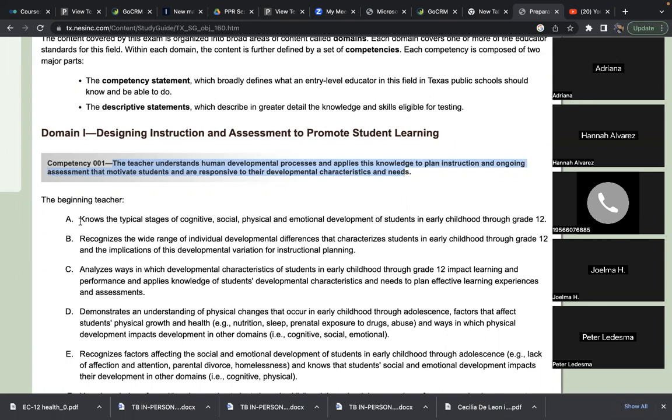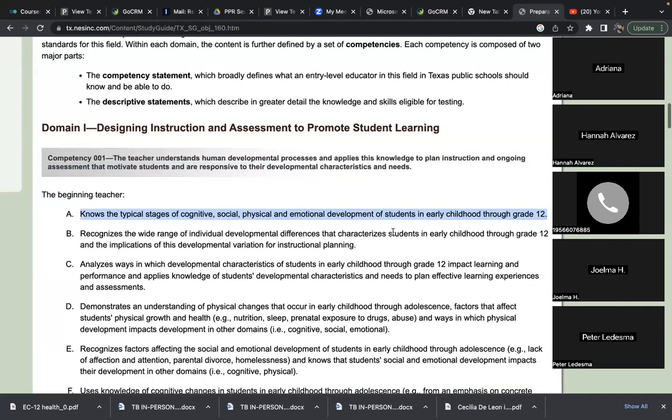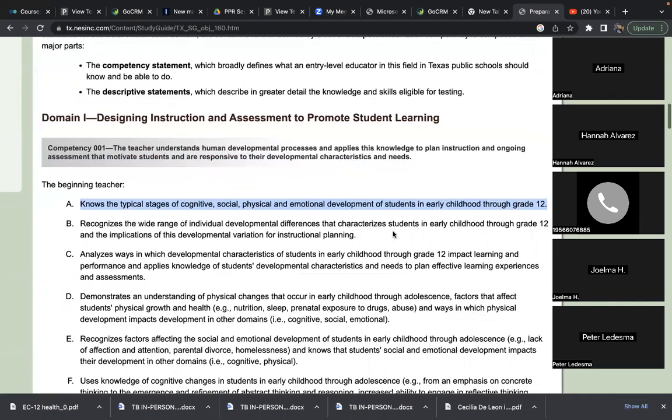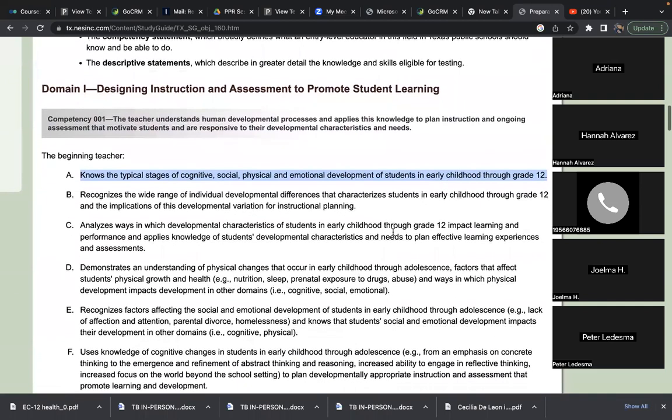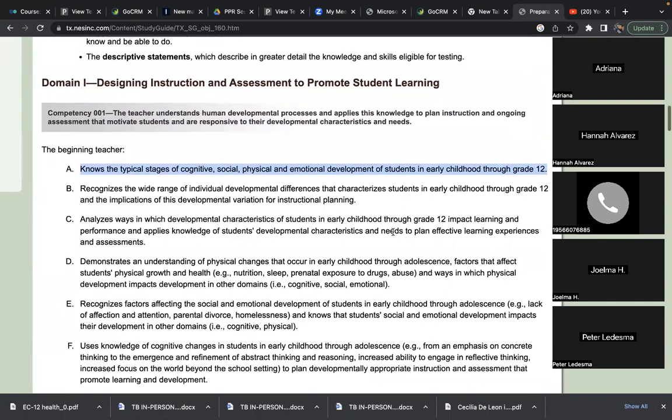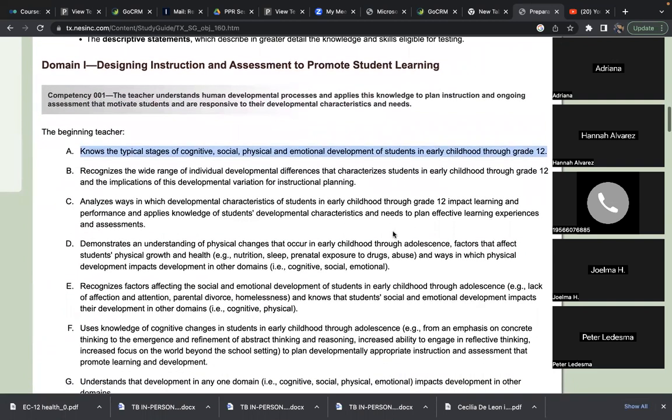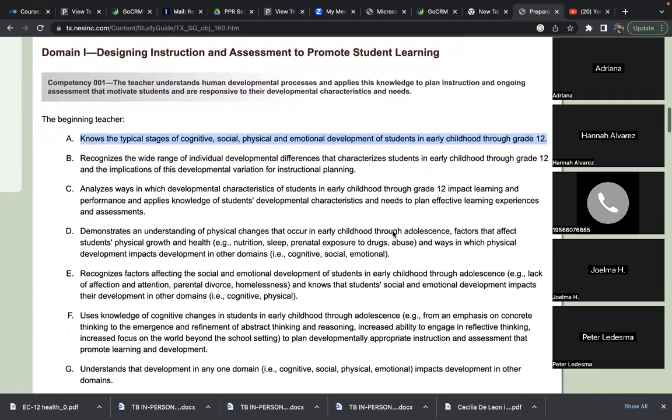And so you have the particulars, and this is up for grabs, is the stages, the typical stages of cognitive, social, physical, emotional development. This is in domain 3 as well. We've already reviewed this, and I have reviewed many of it, in my videos, standard 1 so many times.